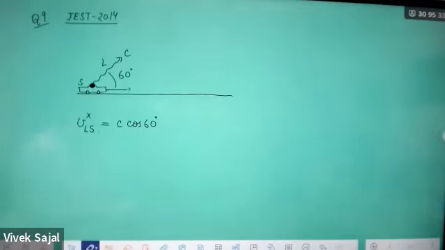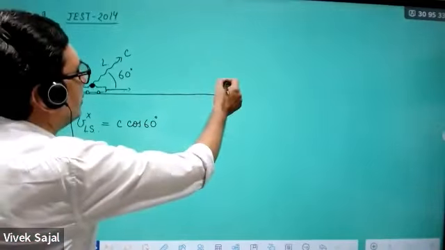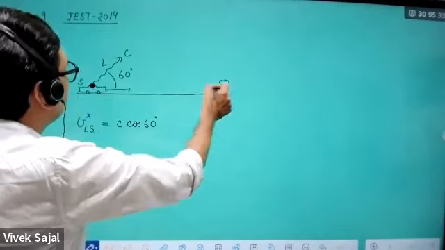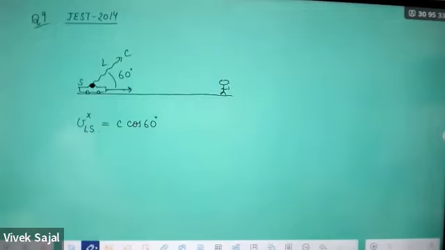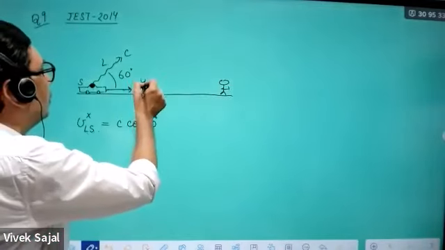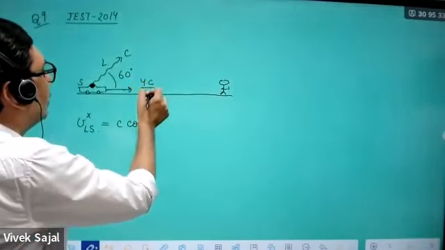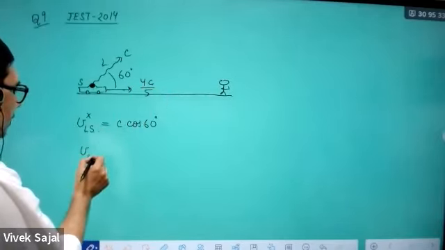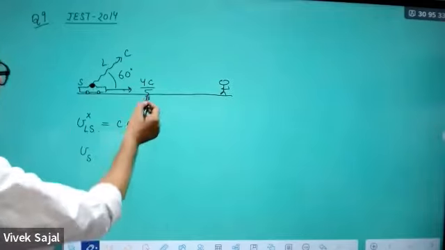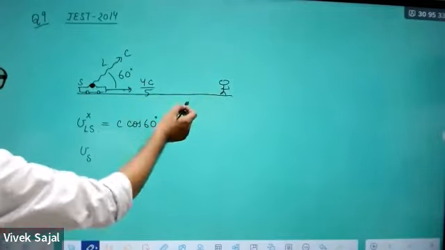The source moves with a speed of 4c/5 towards the observer. So observer is here, and speed of this source is 4c/5. So what is this? This is velocity of the source with respect to the observer or the earth.